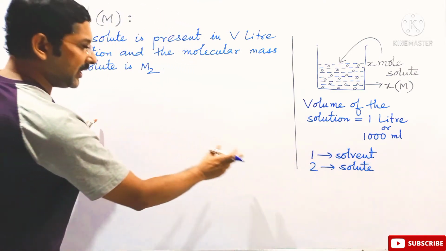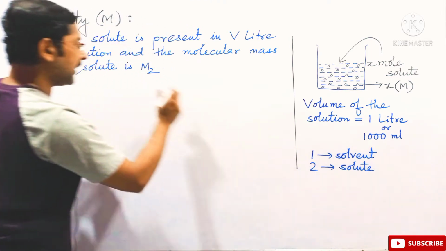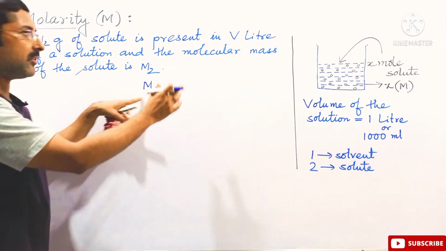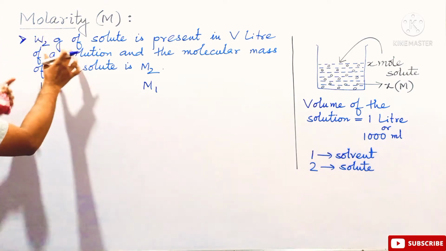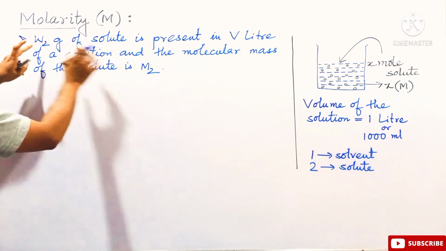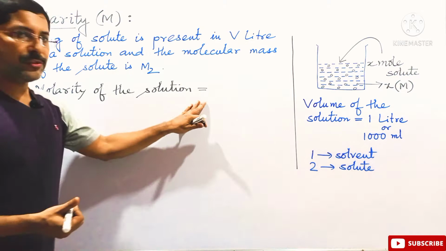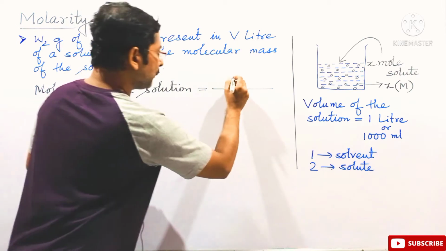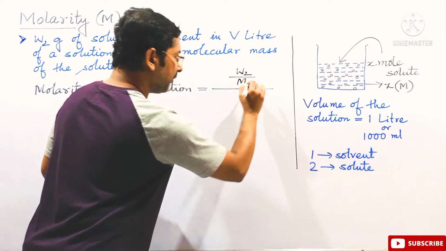So M2 means the molecular mass of the solute, and if it would be M1, it would be the molecular mass of the solvent. If it would be W1, then it would be the mass of the solvent. So here W2 and M2 represent the mass of the solute and the molecular mass of the solute, right? So molarity of the solution will be equal to the number of moles of solute, which is W2 by M2, divided by volume in liter.